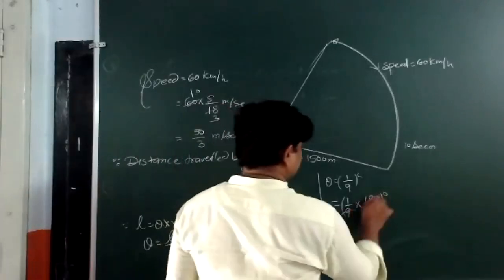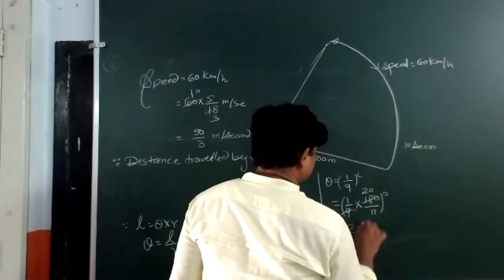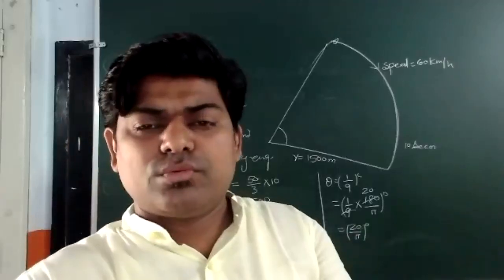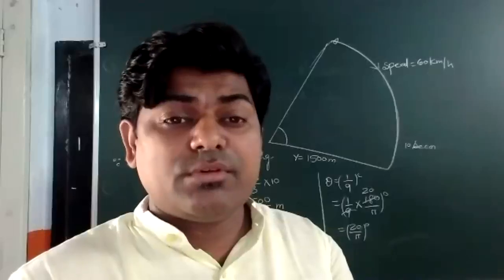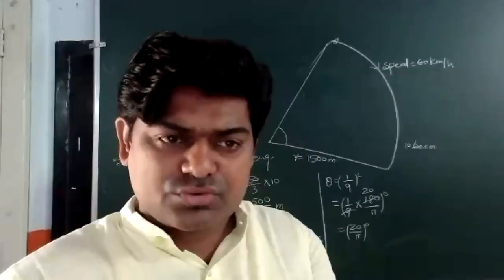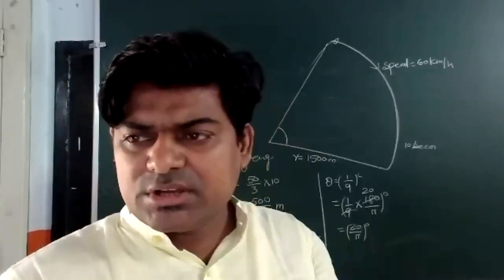So it is 20 upon pi degree. Either we can leave it here, or we can substitute the value of pi, that is 22 upon 7, then our angle will come in degree, minute and second. It's okay? Any problem is there?